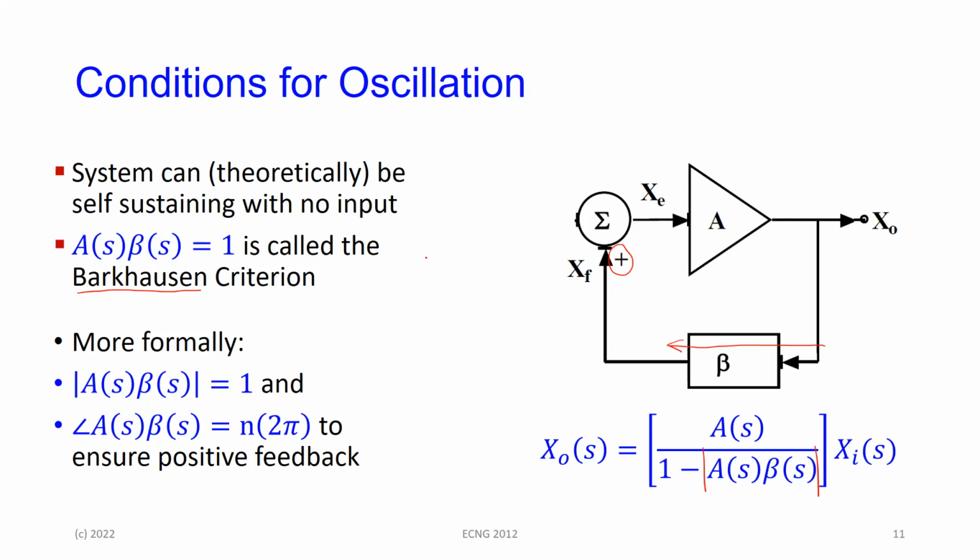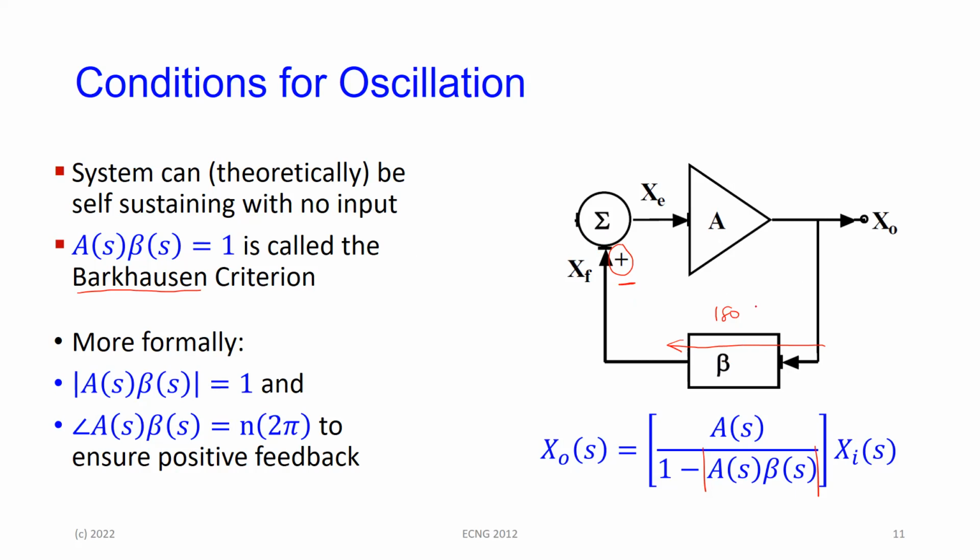Otherwise, you remember from your physics, if things are out of phase, you're going to get destructive interference and so on. If this is 180 degrees out of phase, then when you put it into the summing junction, what you have done is to change the positive feedback to a negative feedback.